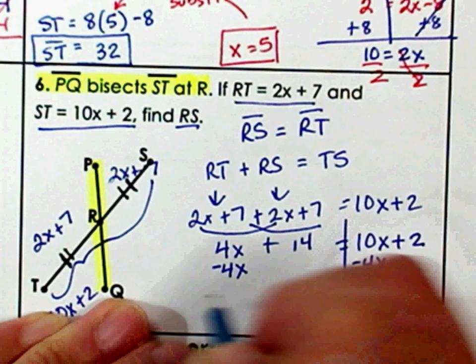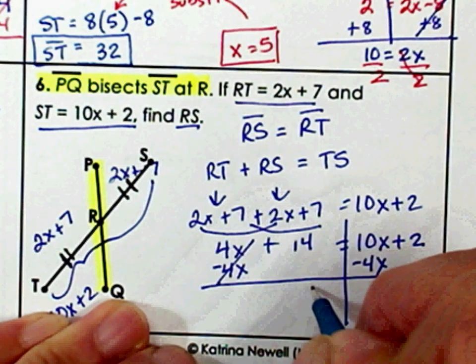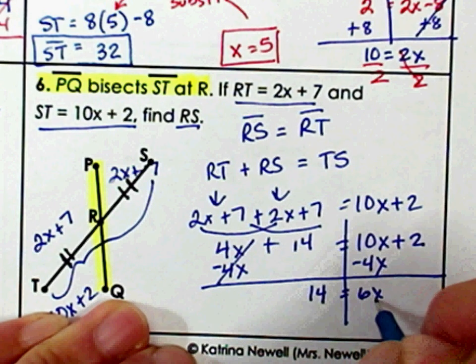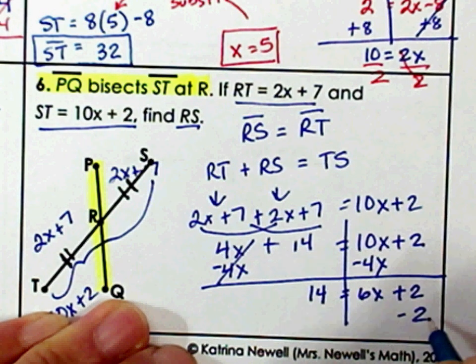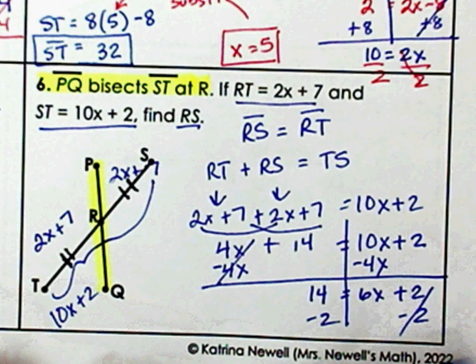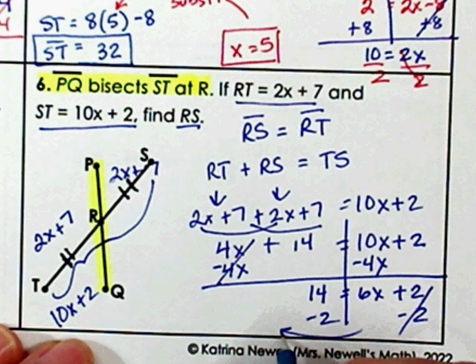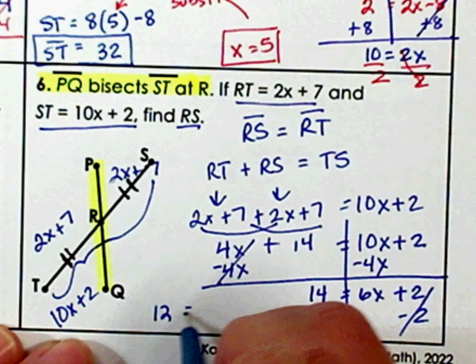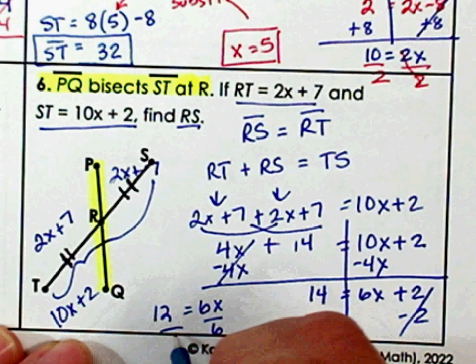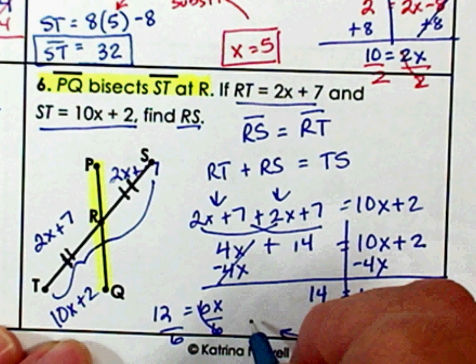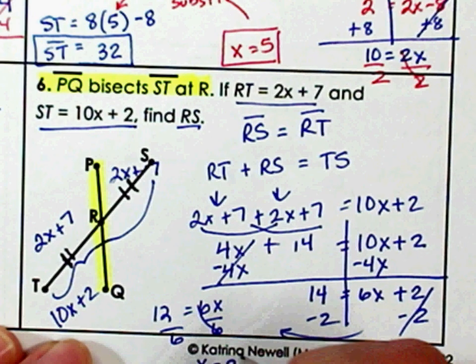Minus 4x, smaller, cancel. 14 is equal to 6x plus 2. Minus 2. 12 is equal to 6x. Divide by 6. Okay. X is equal to 2.